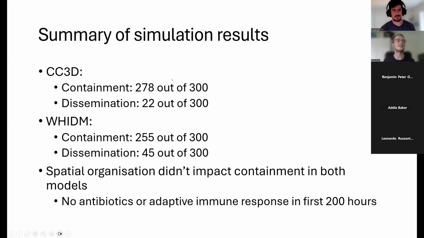So having done this, we then tried to see whether we would get the right proportions of containment versus dissemination in our simulations. And we were able to calibrate CompuCell fairly successfully in this regard. As you can see, approximately 90%, give or take a small amount, did lead to containment and a proper granuloma forming, and 22, so again, just under 10%, led to dissemination, so granuloma not successfully forming to maintain the low bacterial populations, and in theory this would correlate to someone developing active TB.